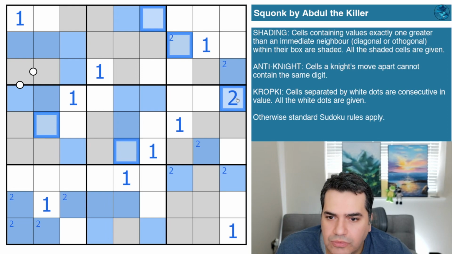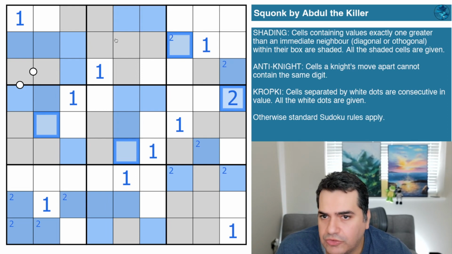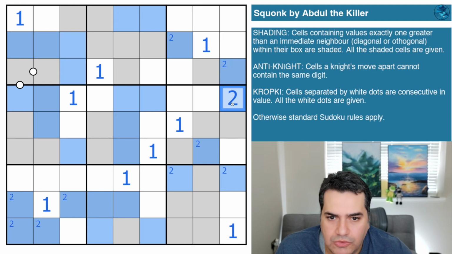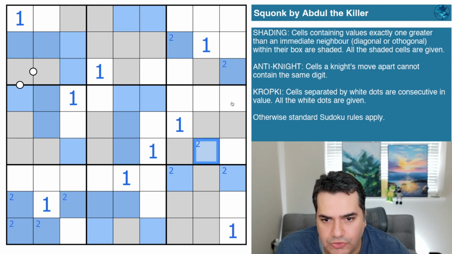How do I just show you this easily? I think essentially what I've highlighted, you can see with this 2, I eliminate this as an option. This has to be a 2. Knight's move forces this to be a 2. Not that it matters, actually. Box 2 is not pertinent. But this 2 sees all of these, and this 2 sees this cell, and it breaks. So this is not a possible option for a 2.